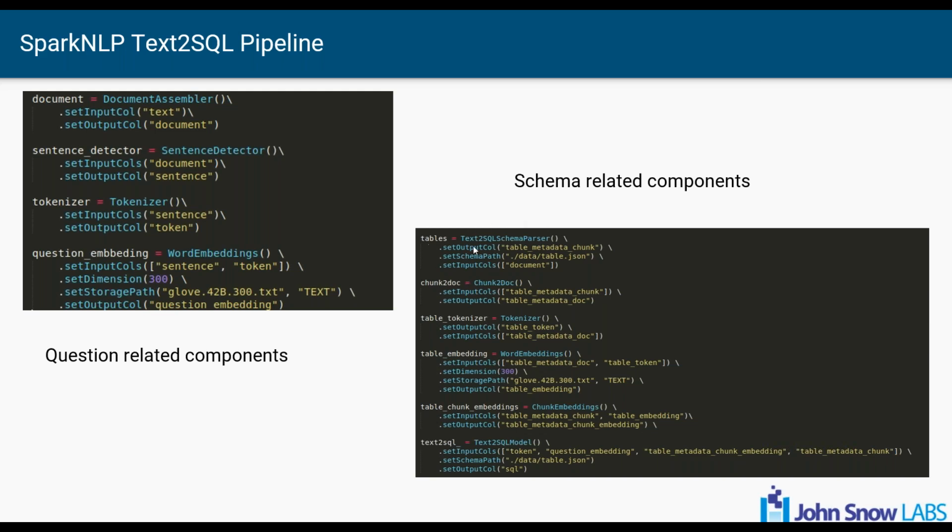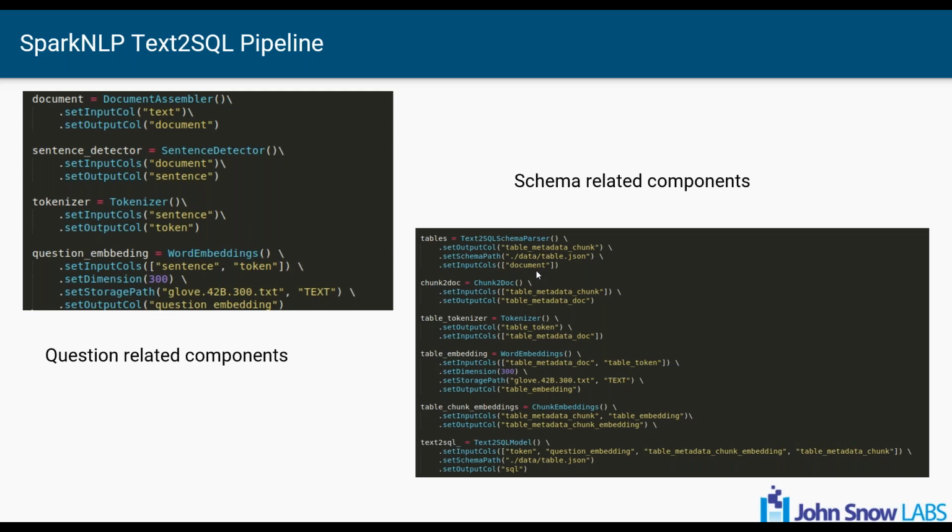And this schema parser will output a chunk Spark NLP type, because there will be names like place ID, something with two words. That's why we are using chunk. And in order to use the tokenizer, we need to convert this chunk into a document.